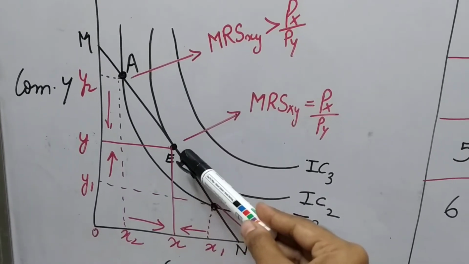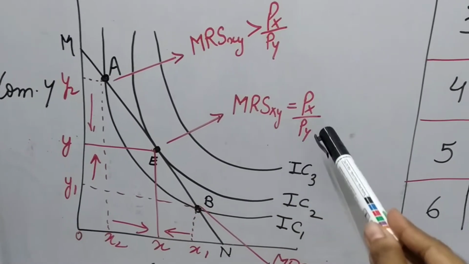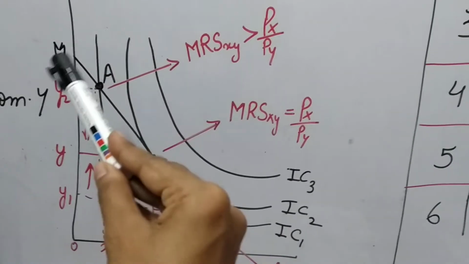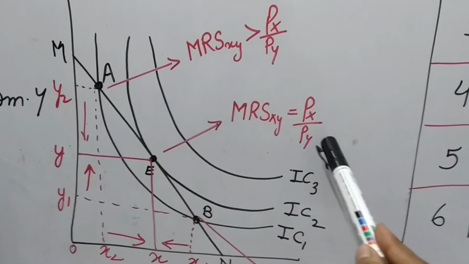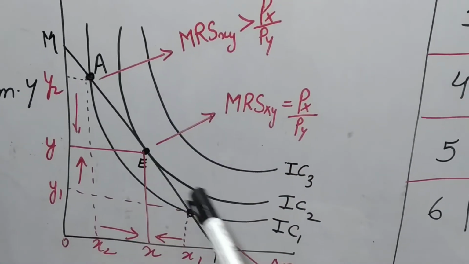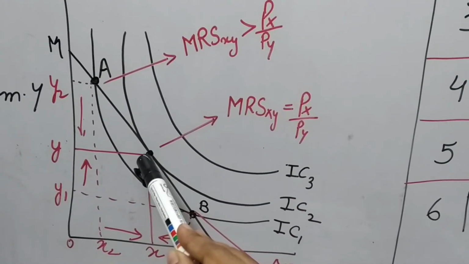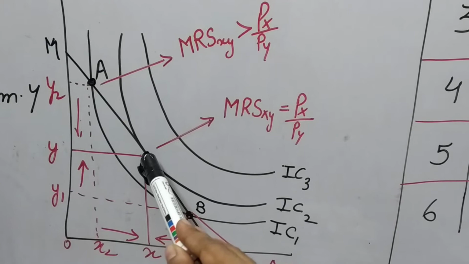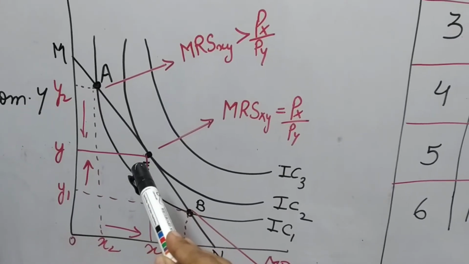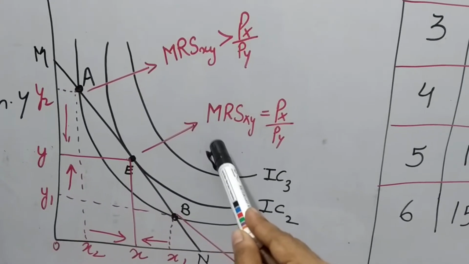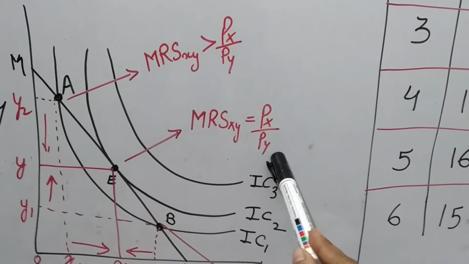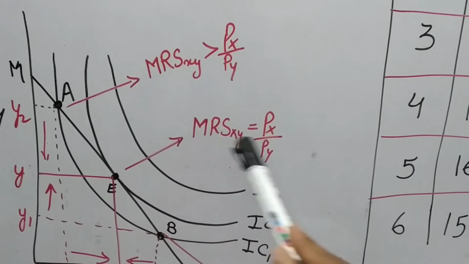At this point you can see the MRS of XY is equal to Px upon Py, because the slope of the budget line is Px upon Py and the slope of the indifference curve is MRS of XY. So when both are tangent to each other, that means both are equal to each other at point E. So that is MRS of XY is equal to Px upon Py, and according to the schedule 2:1 is equal to 2:1.